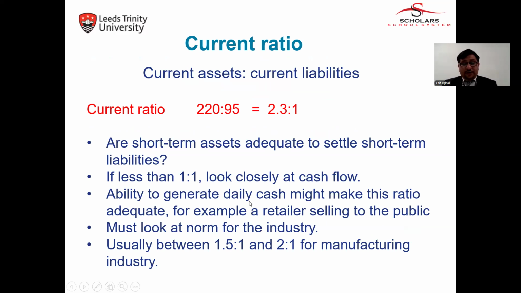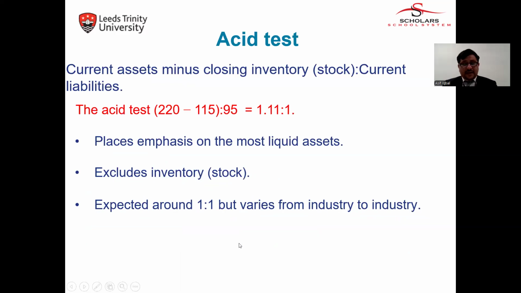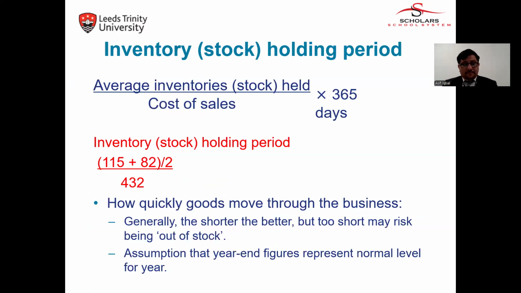This ratio is very important, and the ability to generate daily cash might make this ratio adequate. This ratio should be more than 1 to 1. The next one is the acid test or quick ratio, in which from current assets we subtract the closing inventory and divide by the current liabilities.